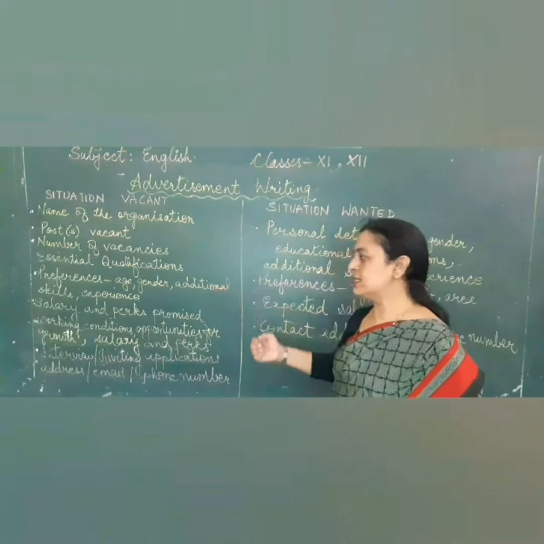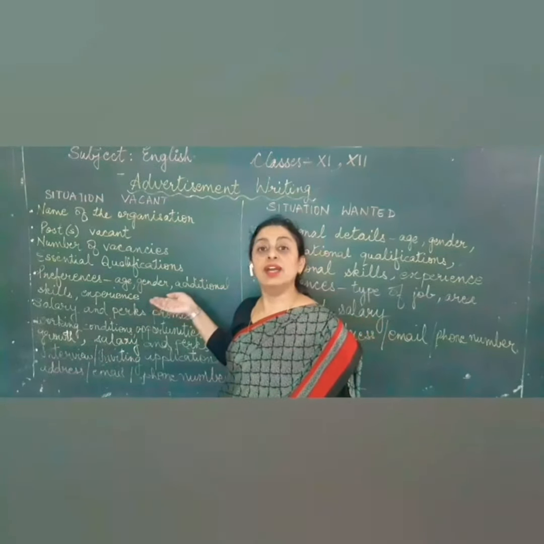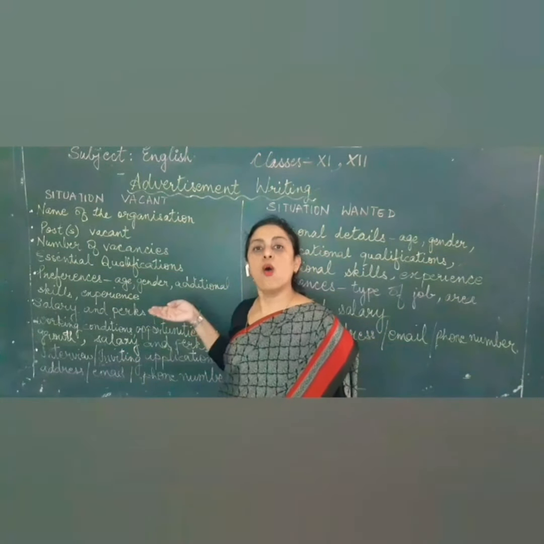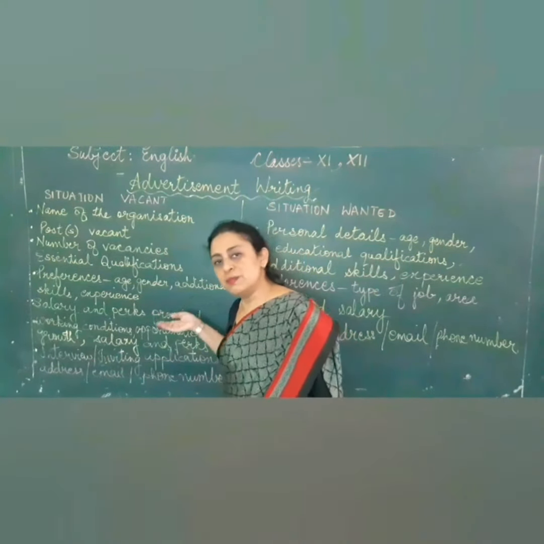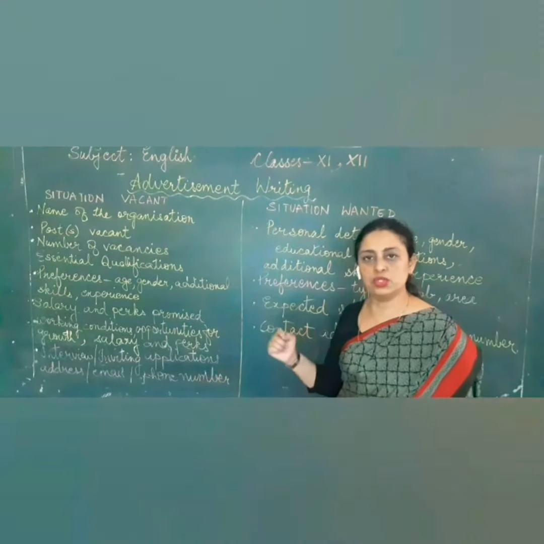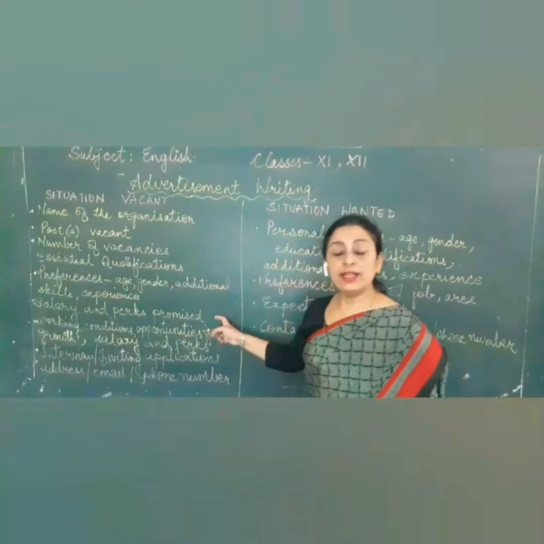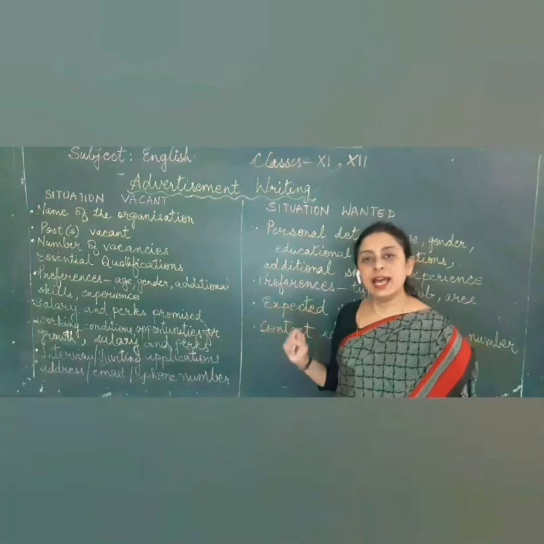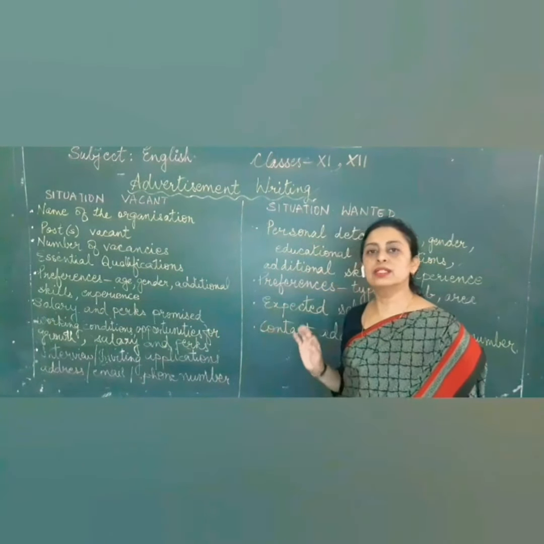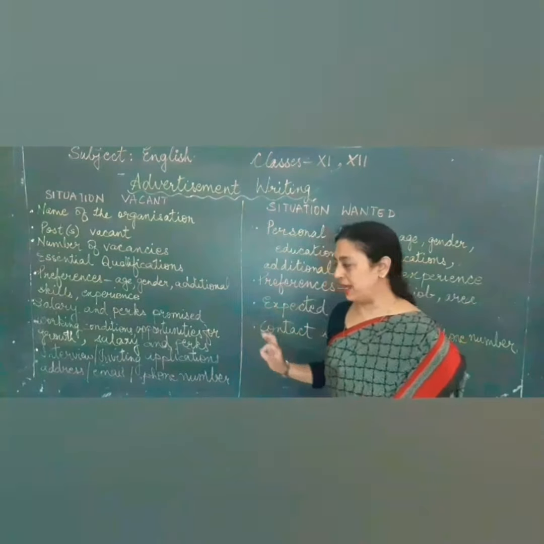After writing this, you must write whether you need freshers or you need experienced people for the post that you are advertising for. The next point that you have to write is salary and the perks that you promise to pay.